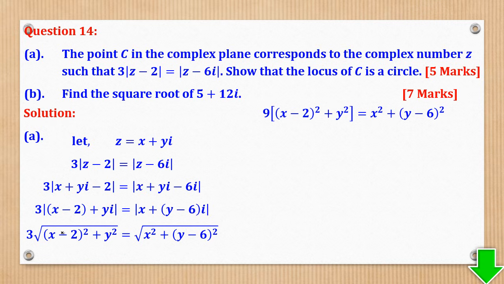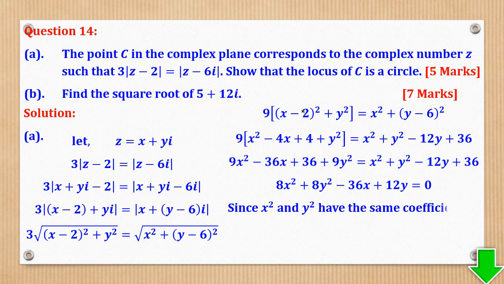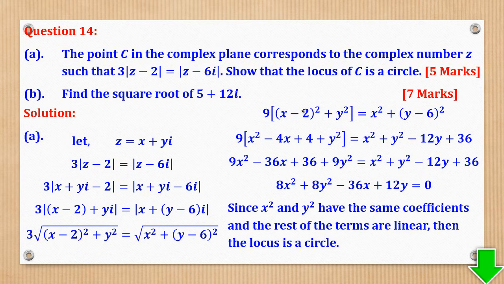What I've done, I've squared both sides to give you this. Then open brackets, inner brackets, open the whole entire brackets, and then collect like terms. So this, since x squared and y squared have the same coefficients and the rest of the terms are linear, it implies that the locus is a circle.